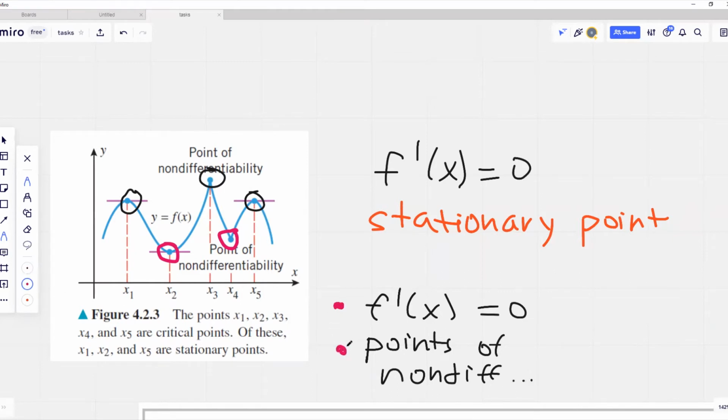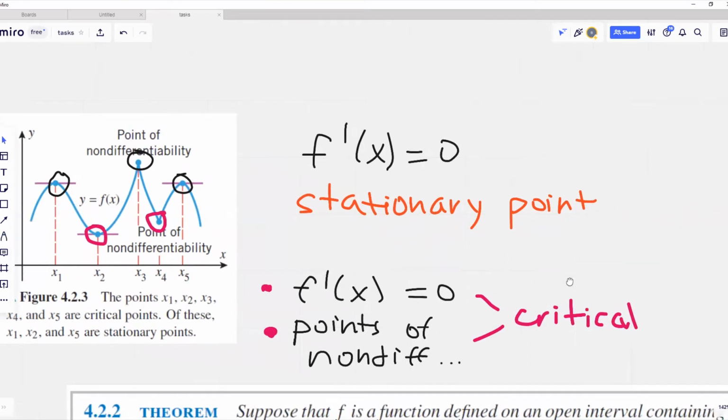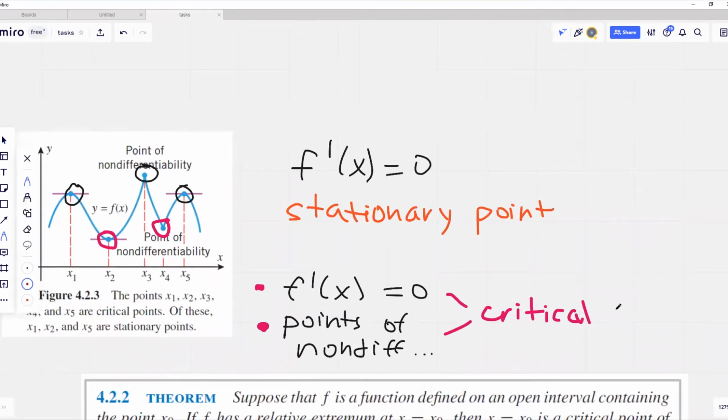We call these two types of points critical points. So stationary points are a special case of critical points.